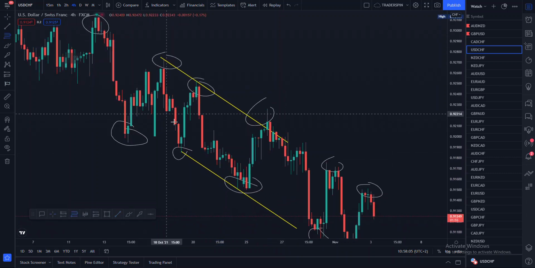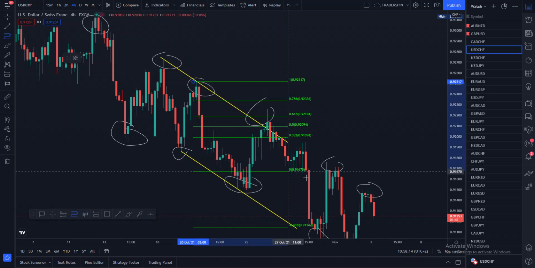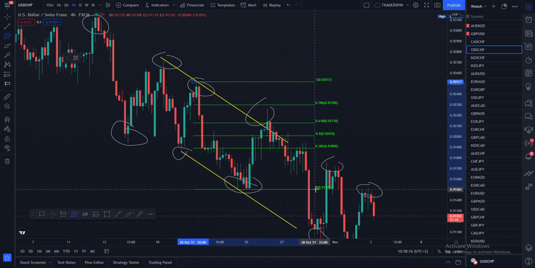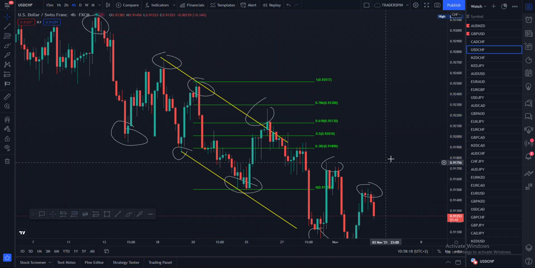Now what you would want to do is draw your Fibonacci retracement tool, and then you can see the price.